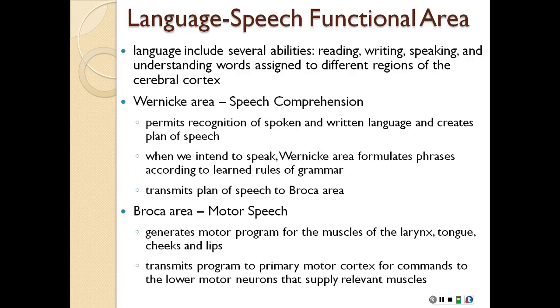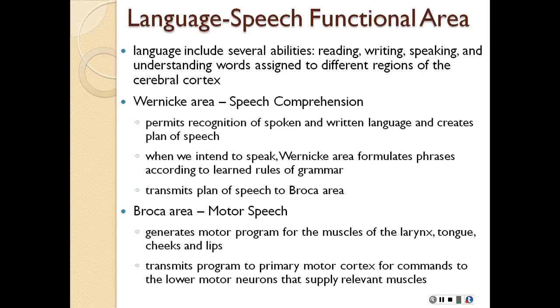So what does Broca's area do? It receives the information from Wernicke's area and generates a motor program for the muscles of the larynx, tongue, cheeks, and lips. Broca's area is responsible for telling the correct muscles to contract so that you speak the right words. Okay?